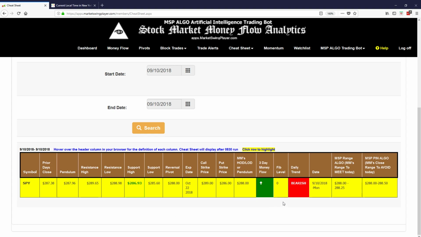so we can see that the trend is bearish, and you see we got that 289 call price here and the 286 put price, and we got our support resistance levels. But the only main thing we're supposed to be looking at is the MSP pin algo to get the range of where price could close for the day.